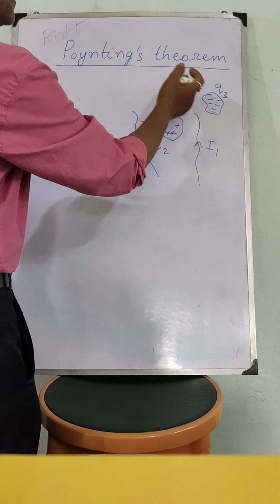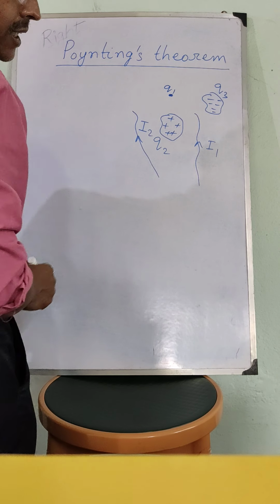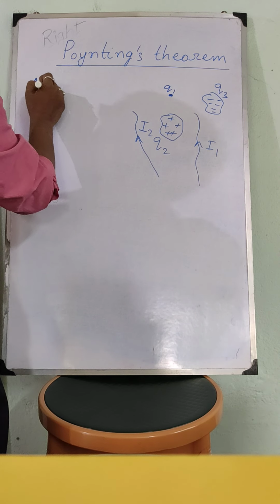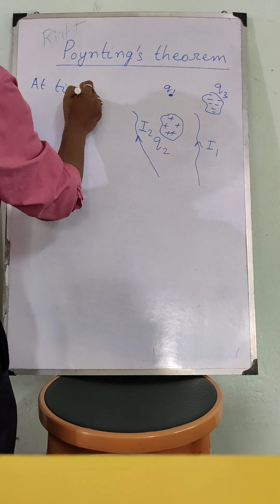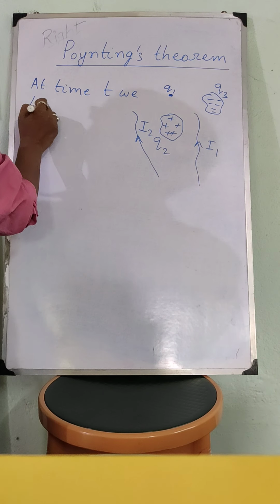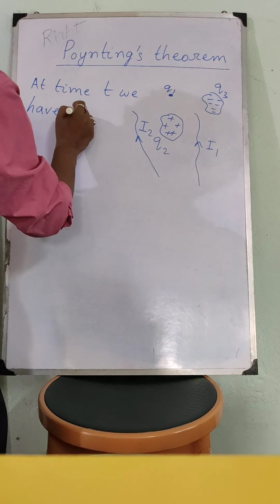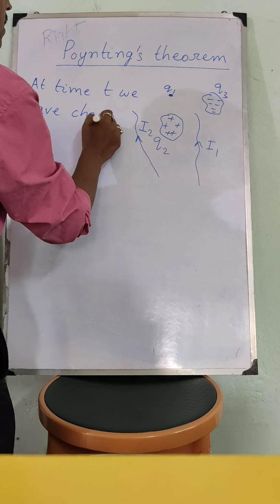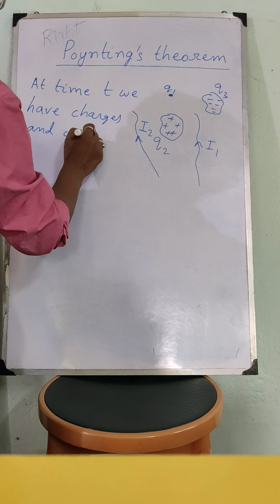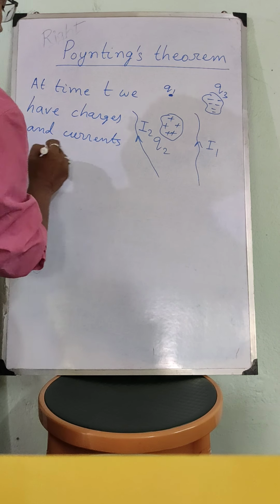So suppose this is the figure at time t, we have charges and currents distribution.